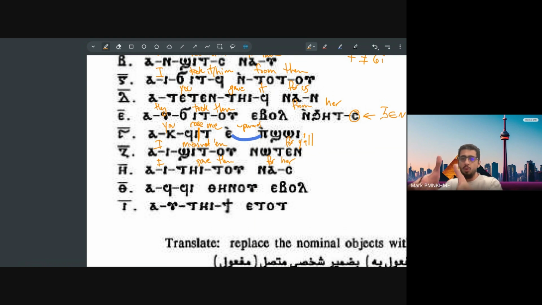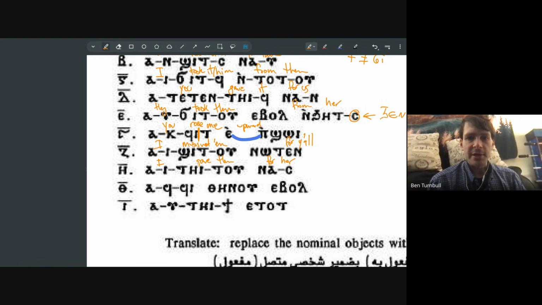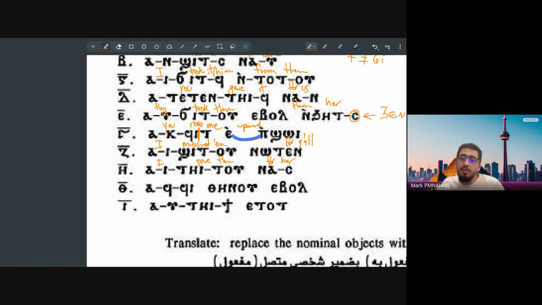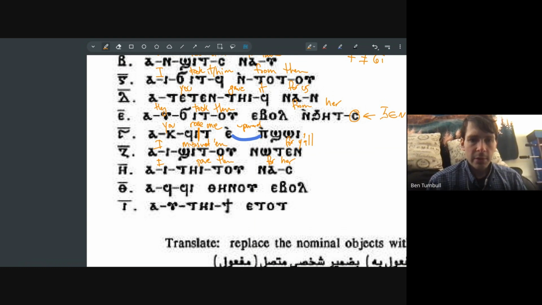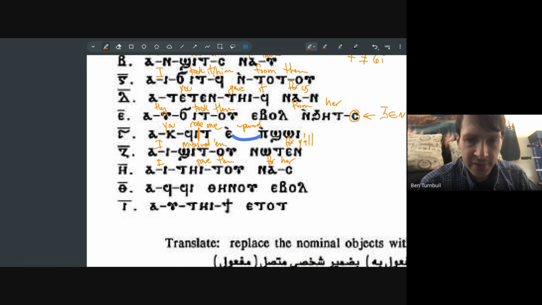So basically, I give it to her, like in her hands. But I give it for her would probably work a little bit better. It's more like a dative, like an indirect kind of thing. Yes, it's indirect. Na only comes for an indirect object. Yes. Okay. Cool. And then the last one is Afi Teno Ebol.